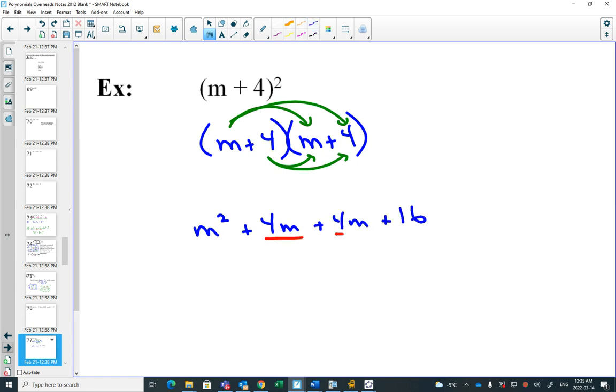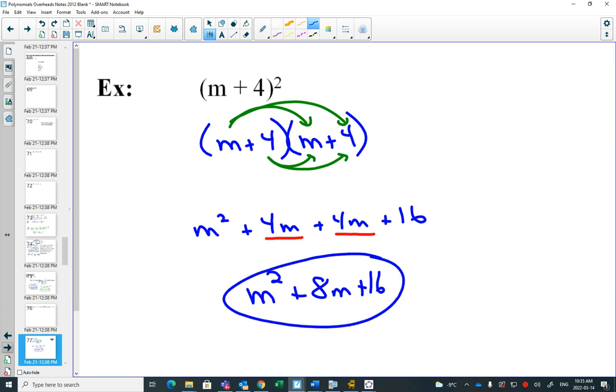The middle two are like terms. So when you add them together, you get m squared plus 8m plus 16. Next one, Judah, x minus 6 in brackets, all squared.